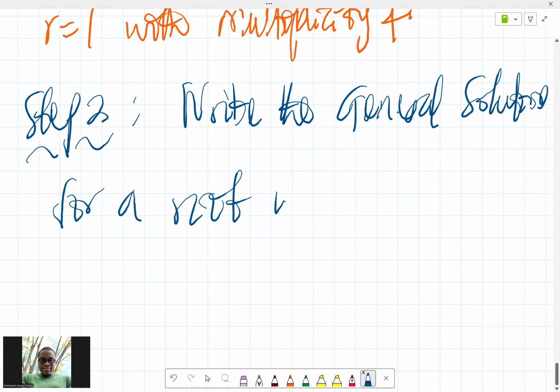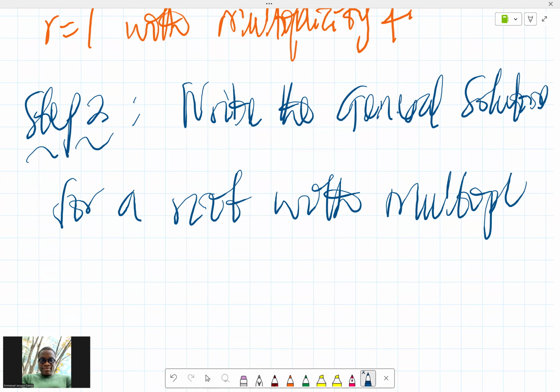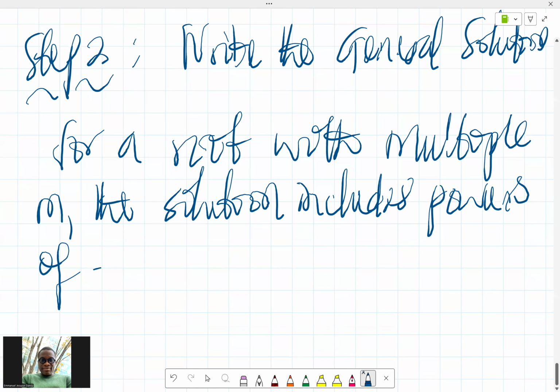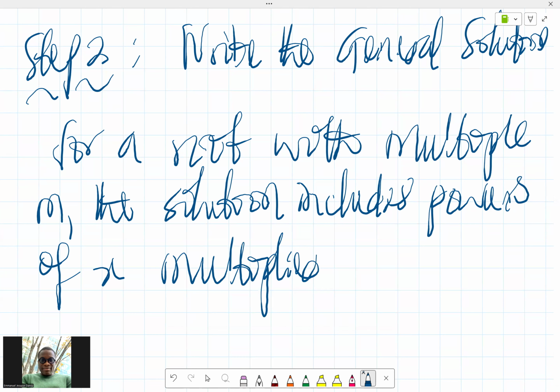For a root with multiplicity m, the solution includes powers of x multiplied by e raised to rx.